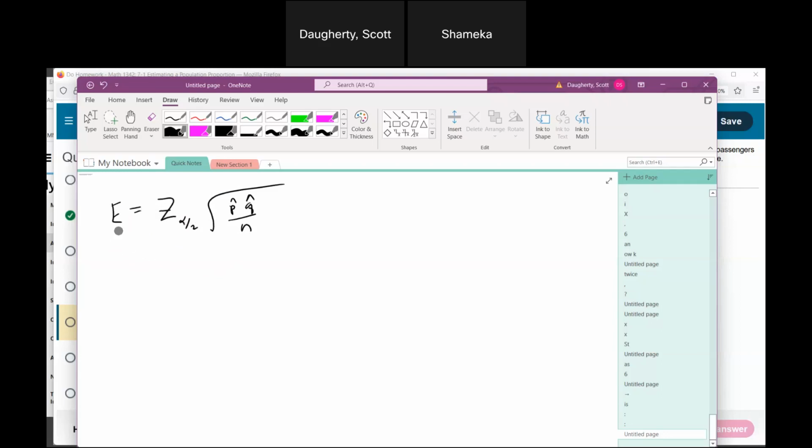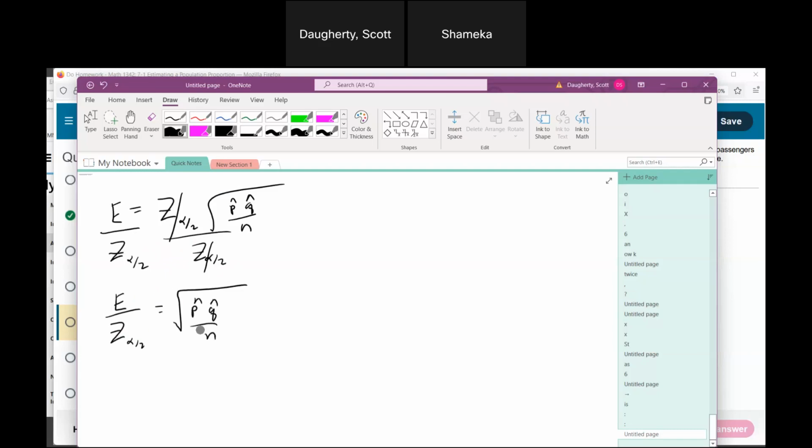So the first thing I'm going to do to get n by itself is divide both sides by this z-score. Now remember, whatever I do to one side, I can do to the other, right? So I'm dividing both of them by z. That cancels this out. Whatever this number is, it's canceling out with this number. And you're left with E over z is equal to the square root.